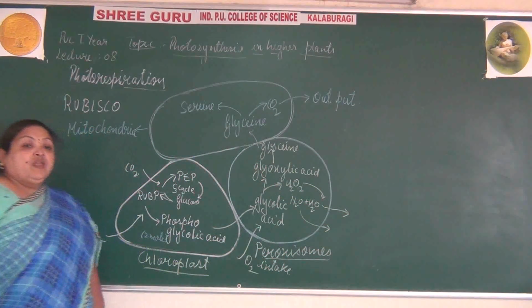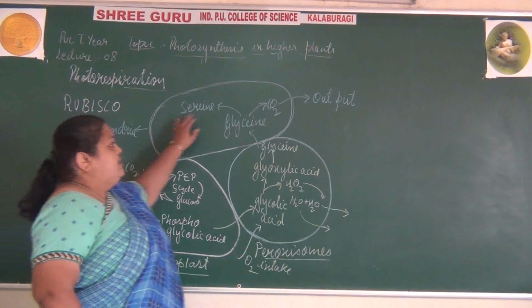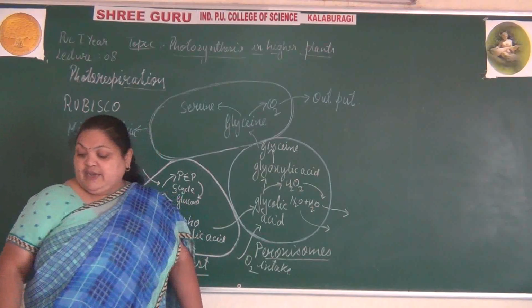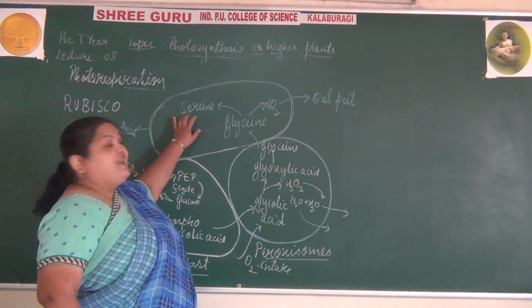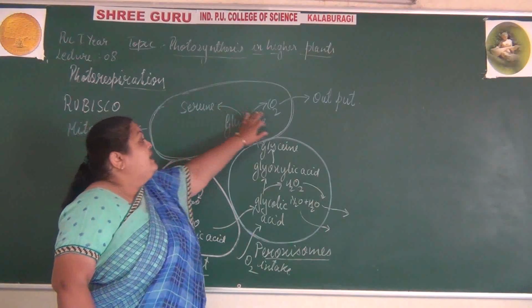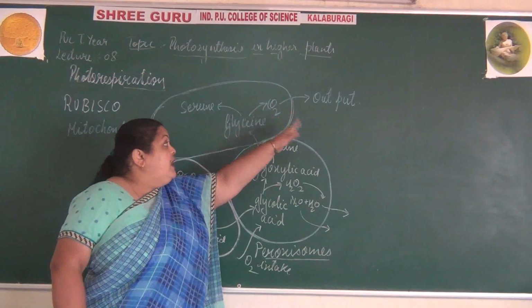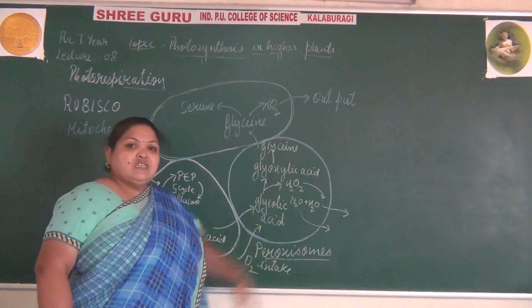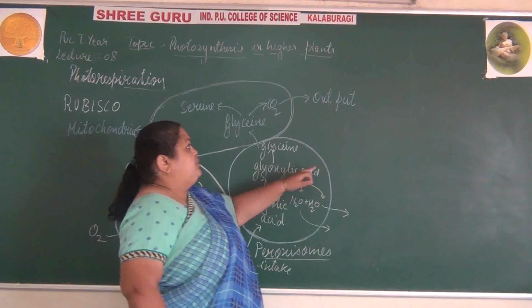Glycine interacts in the mitochondria and produces serine and carbon dioxide. So this serine is retained in the mitochondria, while the carbon dioxide is released outside into the cytoplasm of the cell as an output.